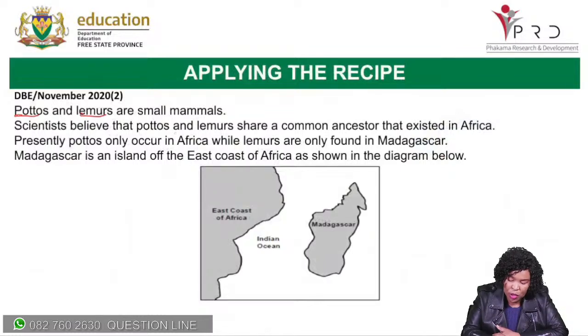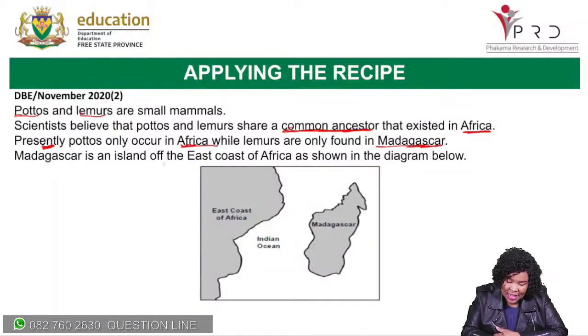Scientists believe that potos and lemurs share a common ancestor that existed in Africa. Presently, potos only occur in Africa, while lemurs are only found in Madagascar. Scientists think their common ancestor existed in Africa, but today they are found where? Potos in Africa, and lemurs only in Madagascar.